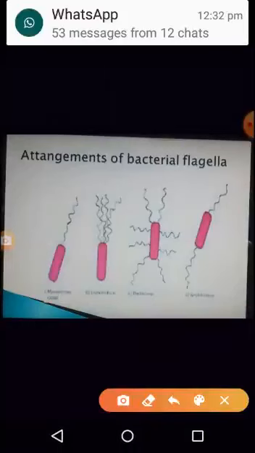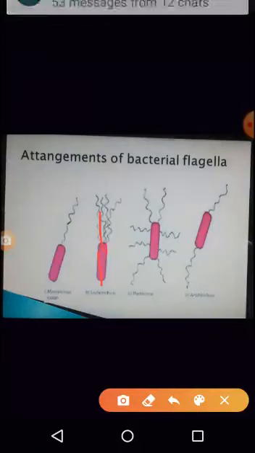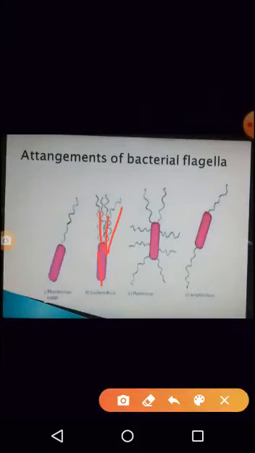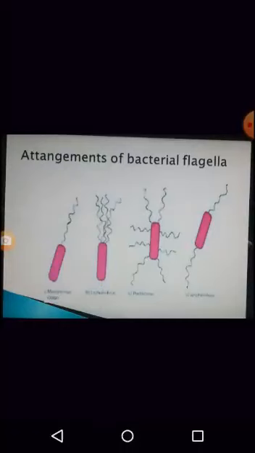If there is a bacteria with tufts of flagella at one end of the bacterial cell, then it is called lophotrichous. Example for lophotrichous is Bartonella bacilliformis.